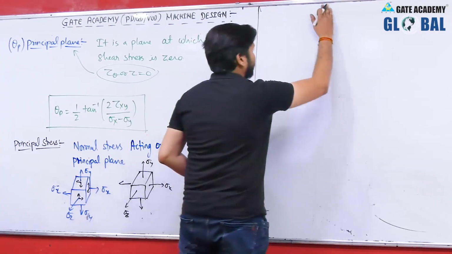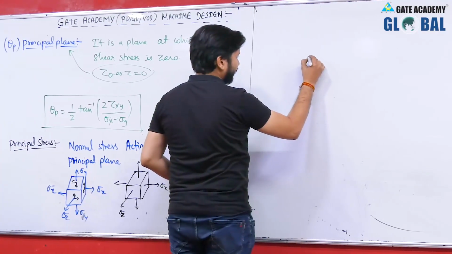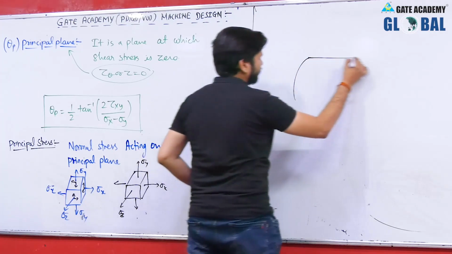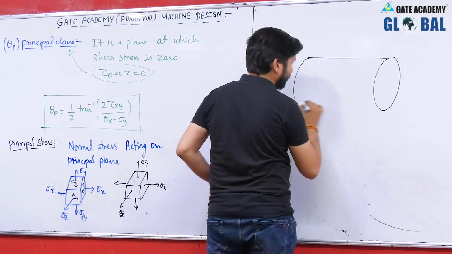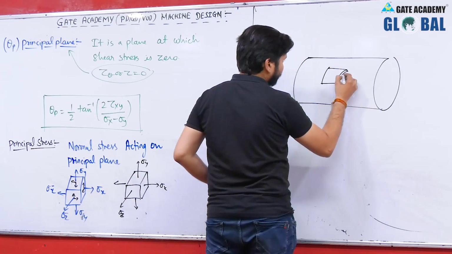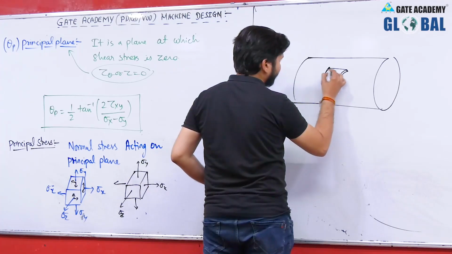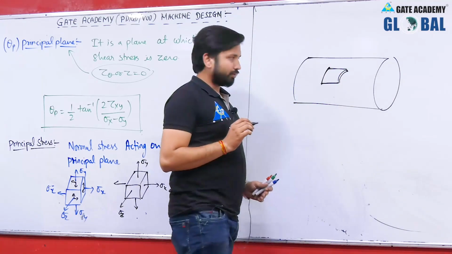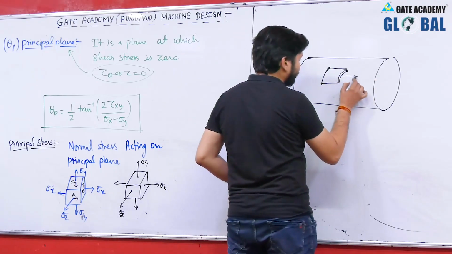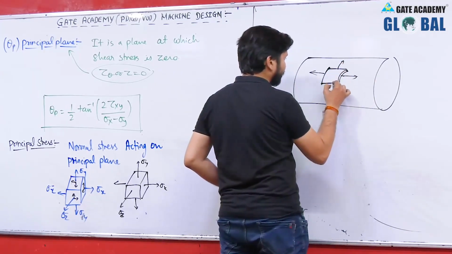Let us see the case of a disc, or the case of a thin pressure vessel. Let us take a thin pressure vessel. This is an elemental portion of the shell metal. Now, due to the pressure there will be stresses along this direction and this direction.